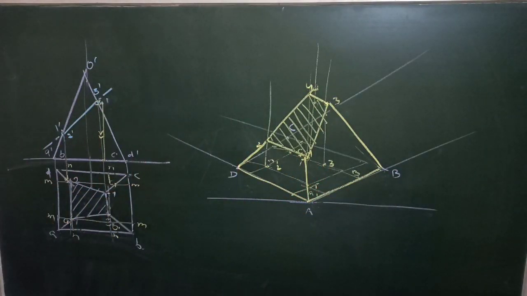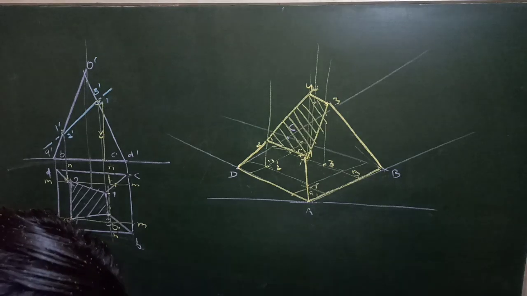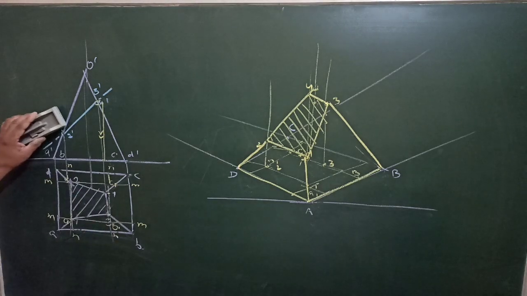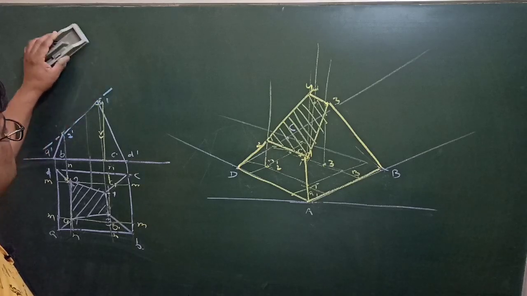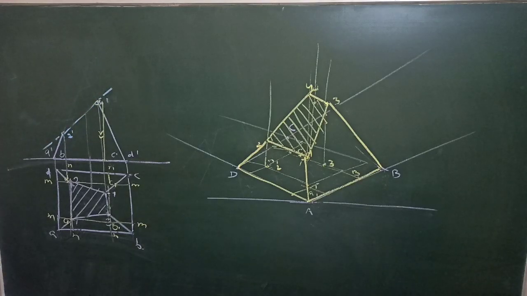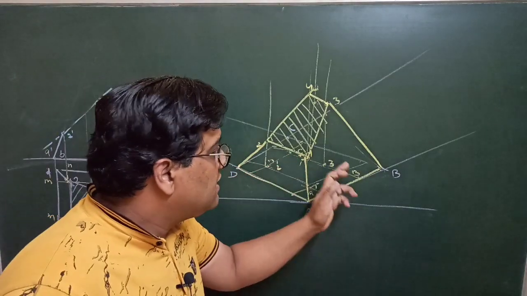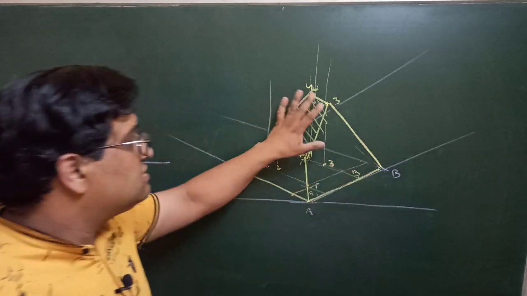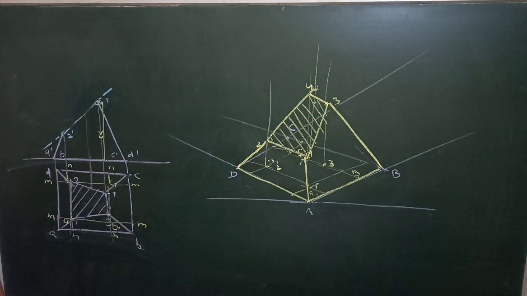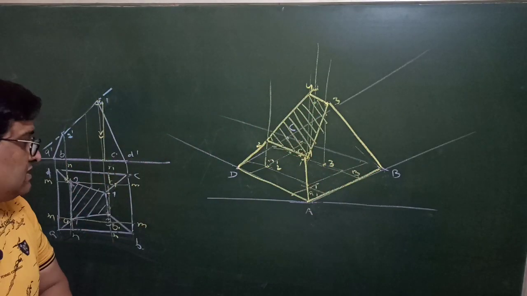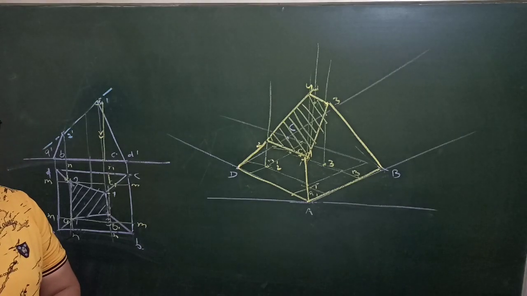So this is the isometric projection of this first term, that is the lower part after cutting the pyramid, means this must be removed here. Only this part is there. In isometric projection generally we don't show the hidden lines, that is why only the continuous lines are to be shown, right? So this is for the truncated part of a pyramid.